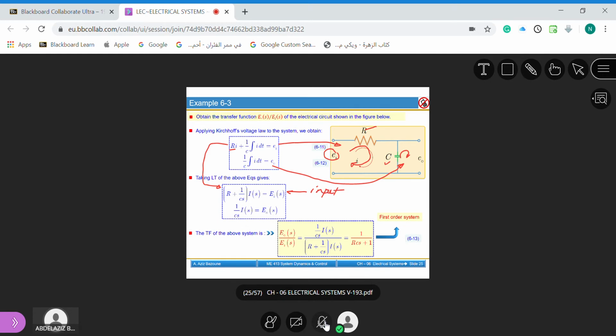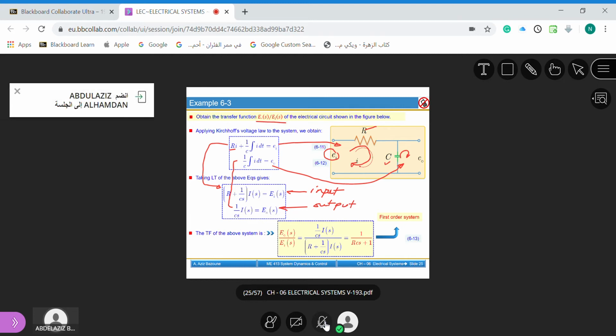The output of the outer loop is to integrate the second equation, 1 over CS I of S, which is equal to E naught of S, and E naught of S is the output. Since we are looking for the transfer function, which is the output over the input, E naught over EI, we can simply take the ratio.